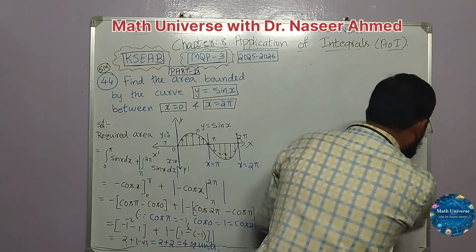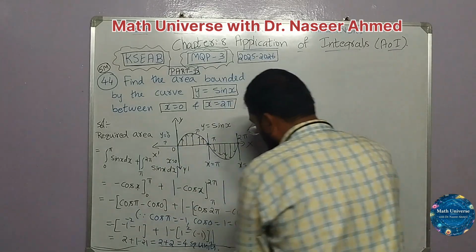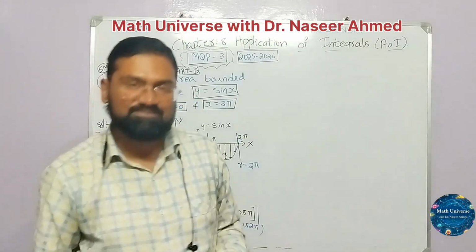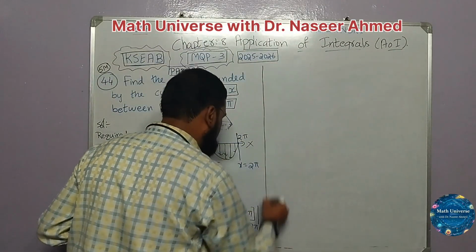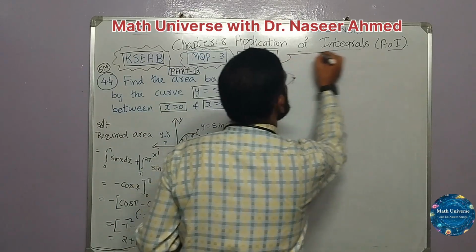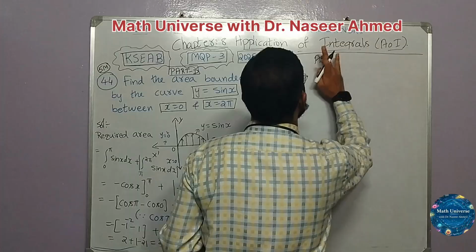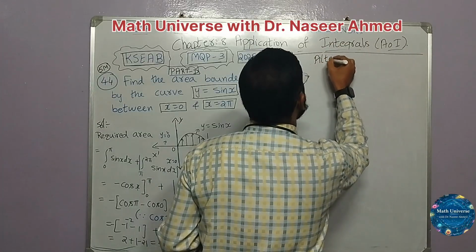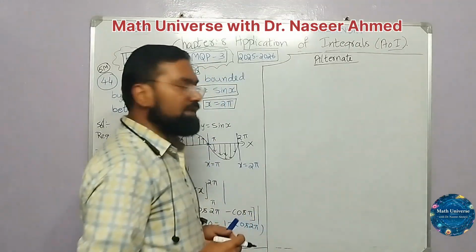And after that I am going to discuss one question to have one more enlightenment. So see, the alternate solution of this, and you can go with the alternate as well.